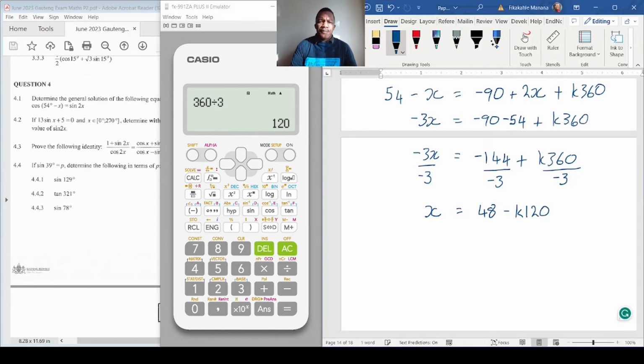Now, this is an interesting part. Remember the graph of cos? It oscillates like that, so it doesn't matter whether you go minus 120 or plus 120, it's really the same thing.